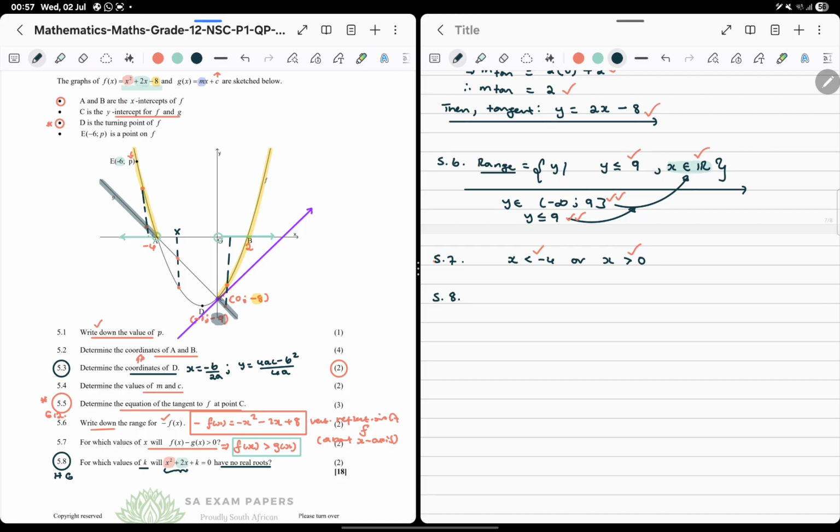So minus 8 is missing. So what happened? If we eliminated it, it means we must have added 8. So this means we shifted this graph 8 units upward. That's the first thing that we did. So we need to know that we shifted this graph 8 units upward, first and foremost.